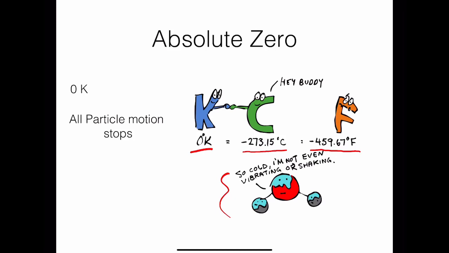So our probe itself would be supplying a small amount of energy to whatever sample we're trying to get down to absolute zero. So that's why it's just a theoretical temperature at this point. It's very hard to completely remove all kinetic energy or all energy of particle movement from a system and still be able to have it reach absolute zero.